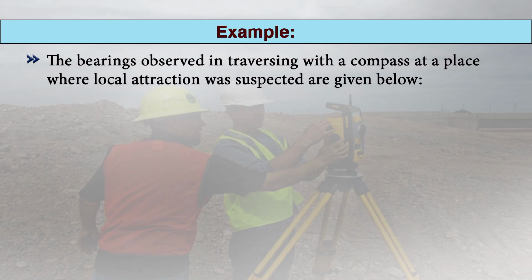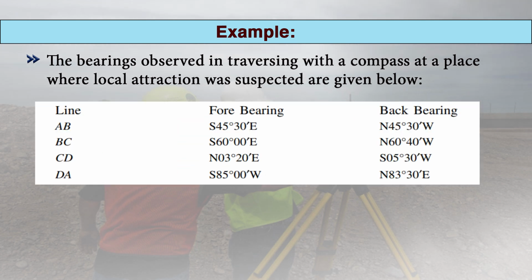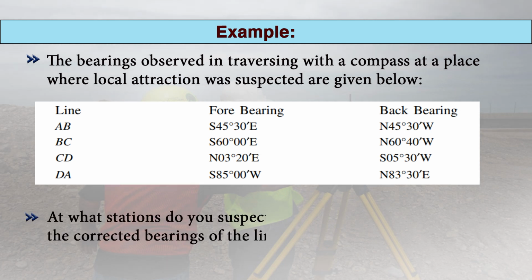In the first question, the bearings observed in traversing with a compass at a place where local attraction was suspected are given below. So, lines AB, BC, CD and DA are given with fore bearing and back bearing of all these lines, and we have to find at which stations we can suspect local attraction and find the corrected bearings of these lines.